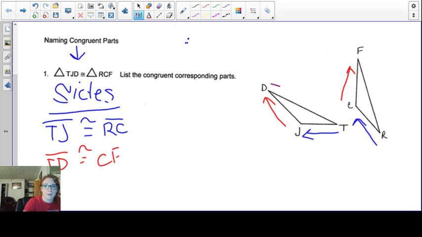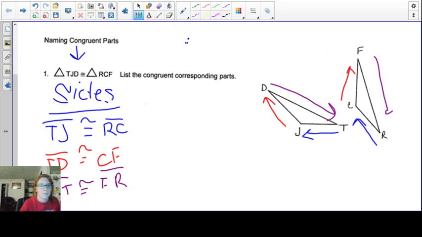And lastly, I want D to T. And that's going to be congruent to FR. Notice how my corresponding pieces, if I rotate this shape here, I will line up exactly on this shape over here.